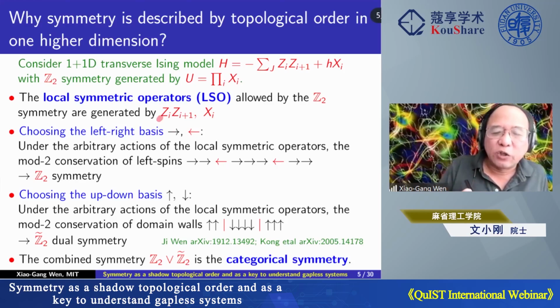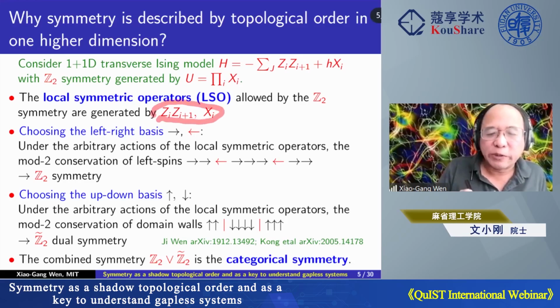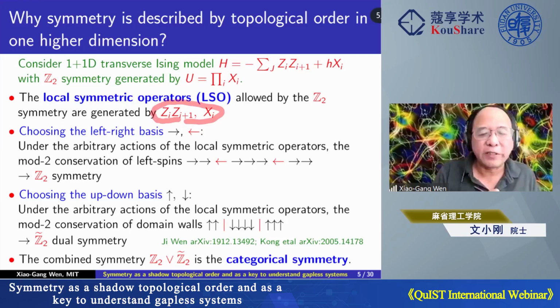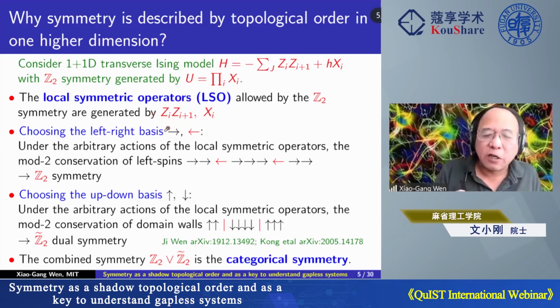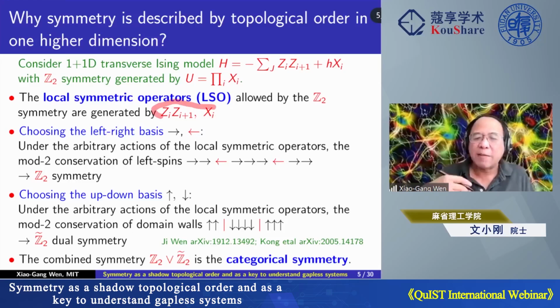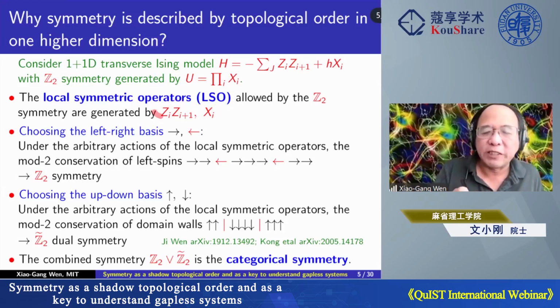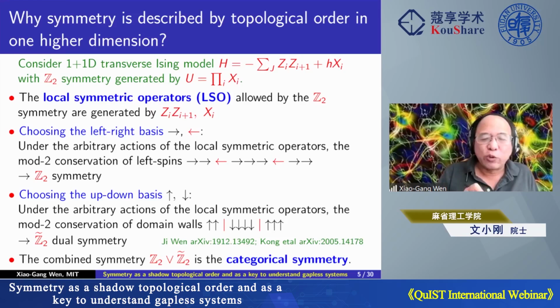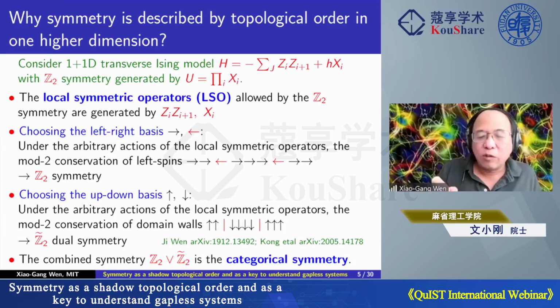So let's look at these local symmetric operators. Under the action of local symmetric operators, that's all the possible time evolution we can do with this symmetry. Then we find that there is a conservation law: something conserved under the action of all those local symmetric operators. For this conservation law, we can choose the left or right basis in this model. On the background of right spins, we have a few left spins.